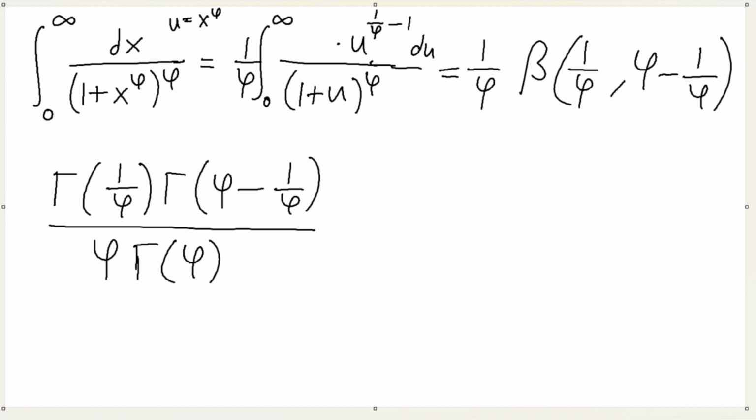The reason we use gamma is because factorials are only defined for non-negative integers.